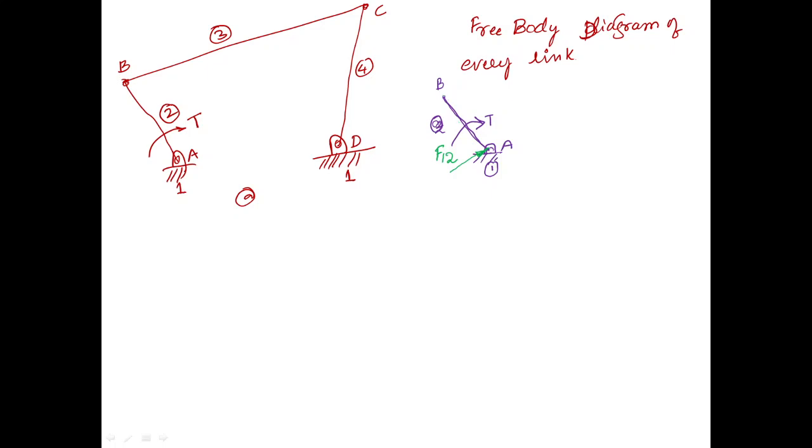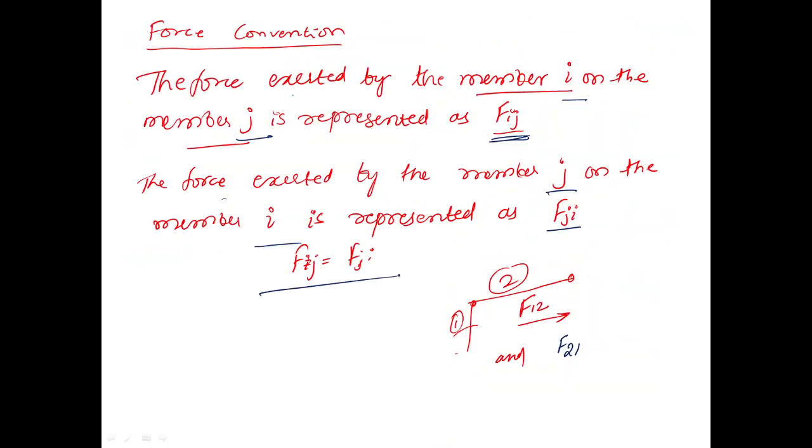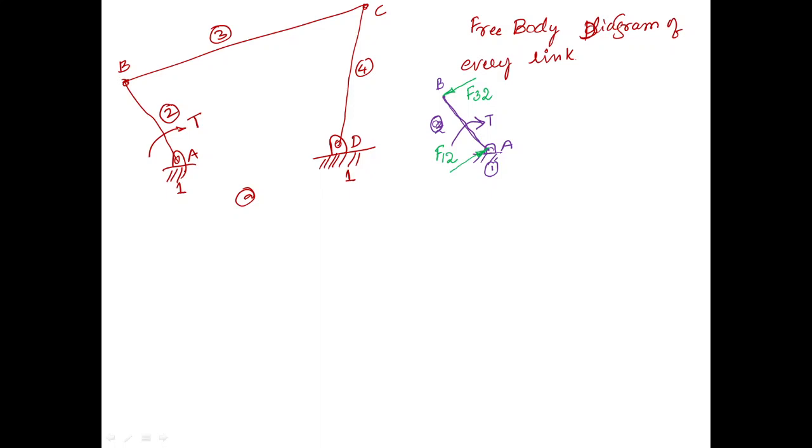Similarly, on this point B, force on link 2 because of link 3. What is the definition of the force convention? The force exerted by the member I on the member J is represented as Fij. Now the member is 2 here, so the force exerted by link 3 on 2 is represented as F32.